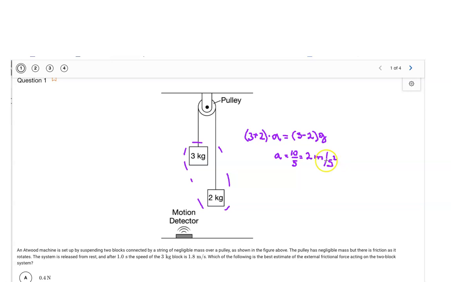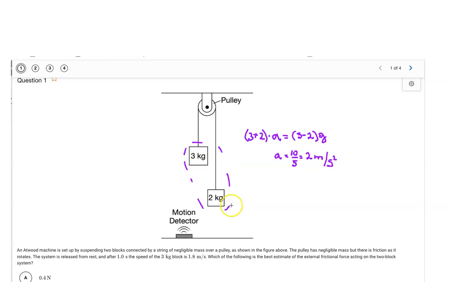However, the actual acceleration, and I can see that 1.8 meters per second squared is the acceleration, because that is the speed after 1 second when it was released from rest, which is the acceleration. So my actual acceleration is 1.8, which is less, and it makes sense because the force of friction in the pulley is the other force, outside net force, right?